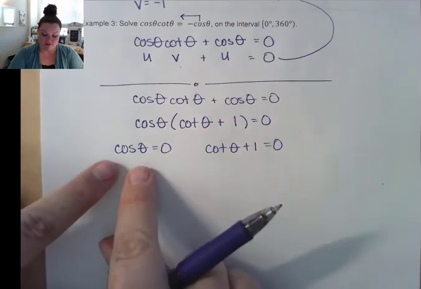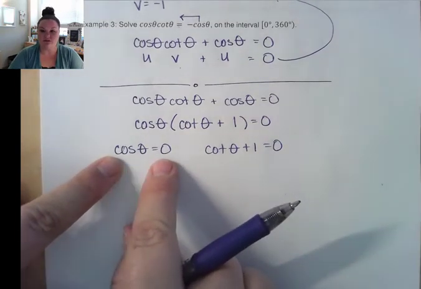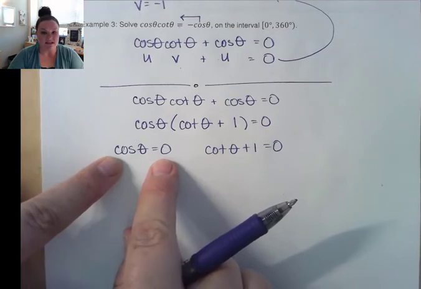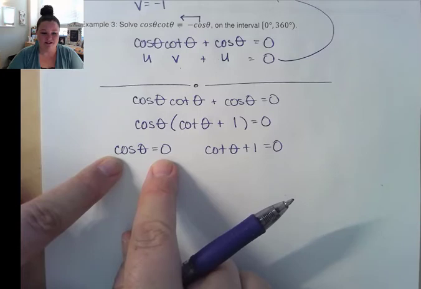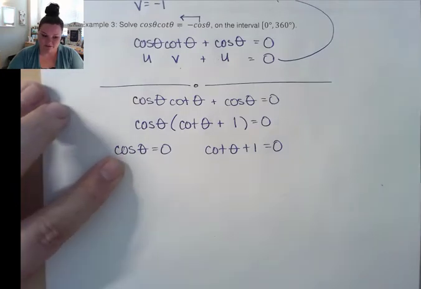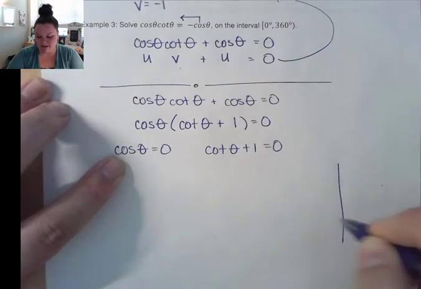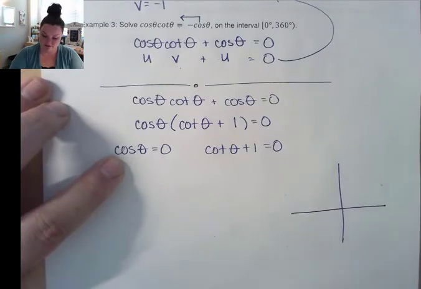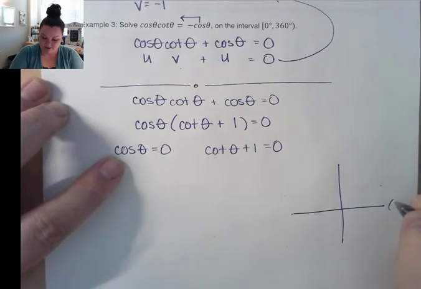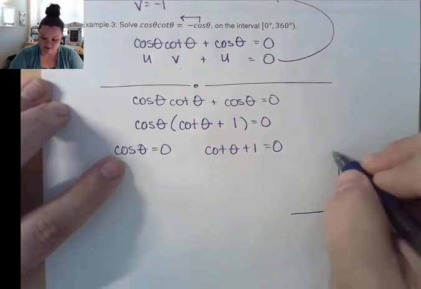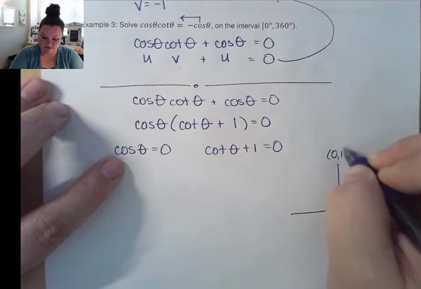On this first one, it says cosine theta equals 0. Now, we only get 0 as our cosine value for very specific angles, right? So if I were to draw my quadrants here, this is the point 1, 0. This is 0, 1.